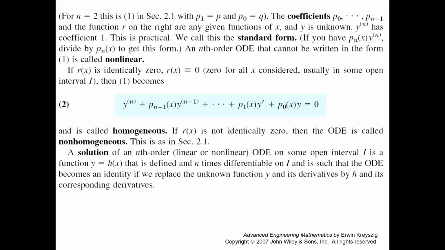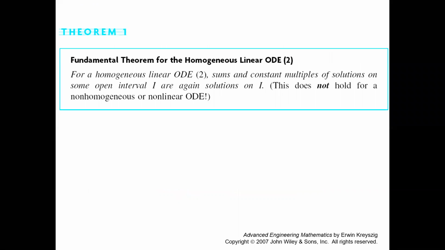Okay, so this is homogeneous. The theorem of this homogeneous linear ODE is the sum of constant multiples of solutions on interval I are also solutions on I. So the linear combinations of the solutions is also a solution.